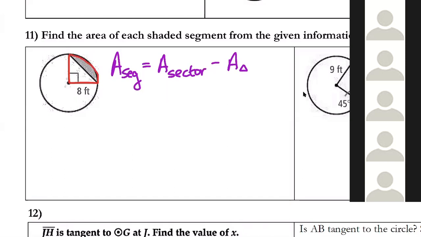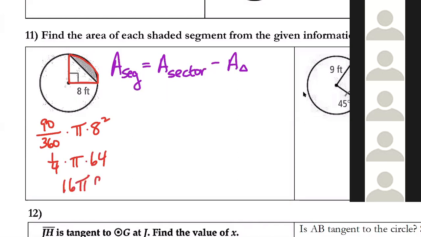Since that's 90/360ths of the area of the circle, that's 1/4 of pi times 64, or 16 pi, technically feet squared. Okay, and then the area of the triangle is that part in there.